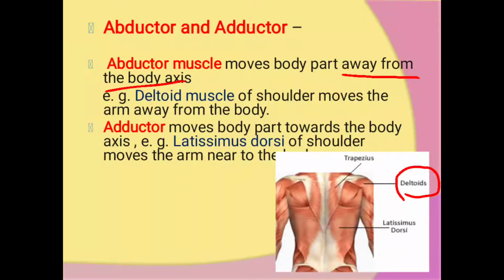They are very important to move a body part away from the body axis. Then the adductor muscle moves a body part towards the body axis. For example, the latissimus dorsi of the shoulder, which moves the arm near to the body.